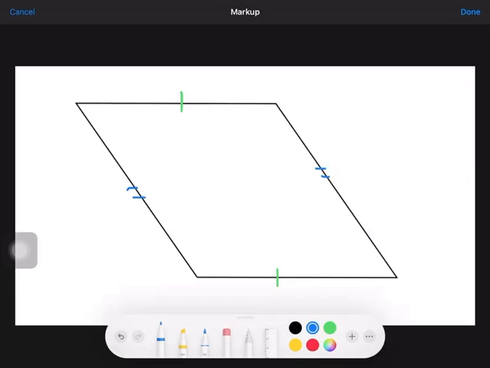You may also see something similar with angles, representing that these two angles are equal and that these two angles are equal.